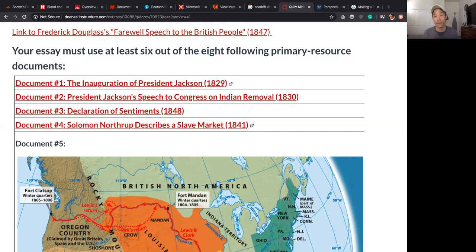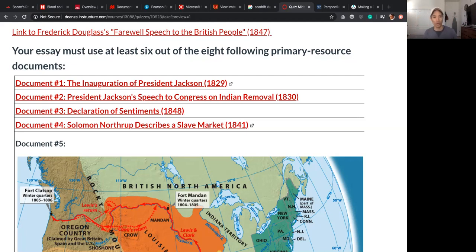So document number two, yeah, it's about Native Americans, but more so than just Native Americans. Think about what happened once Andrew Jackson gets his wish. Native Americans are removed. Think about who benefited from that removal, okay? That's where you might want to think about that, okay?